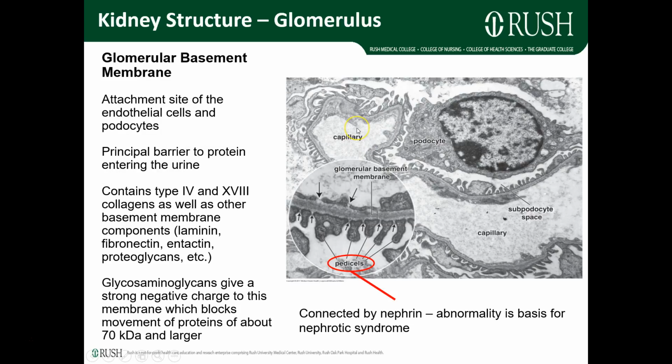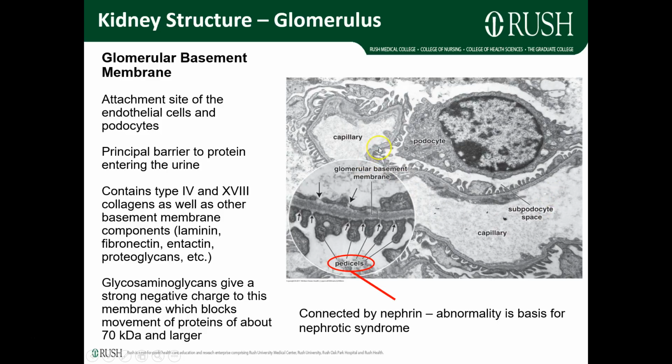One other aspect of this structure of endothelial cells or the blood vessels and the podocytes is the glomerular basement membrane. This is the membrane that is in between the two cell types. So in this picture here, you can see the podocytes on the outside, and there'll be podocytes on the bottom here as well. And then there's blood vessels, or the capillaries, here.